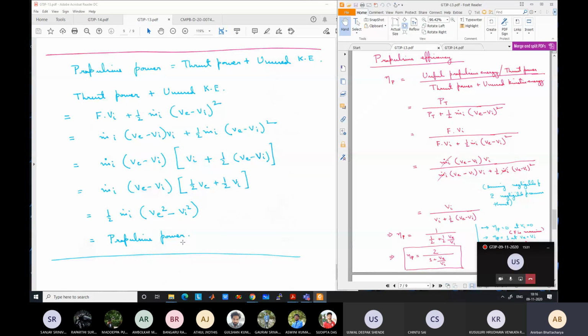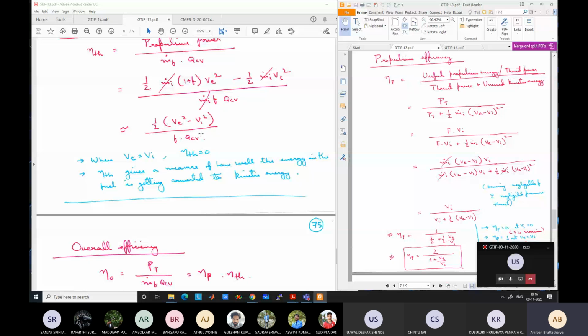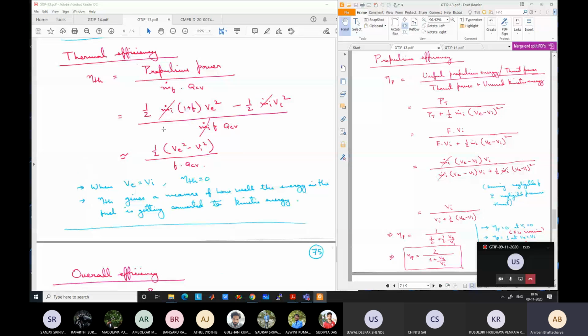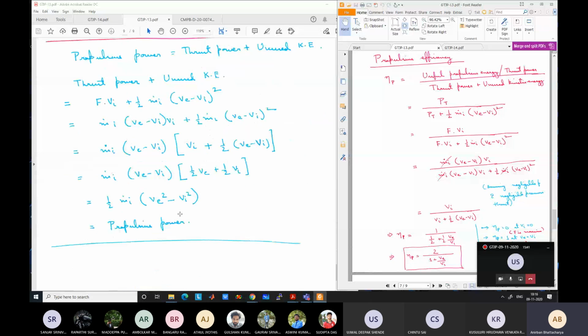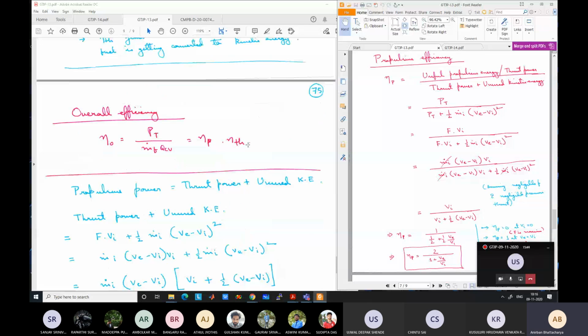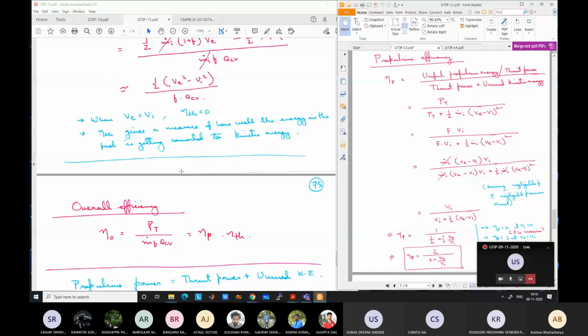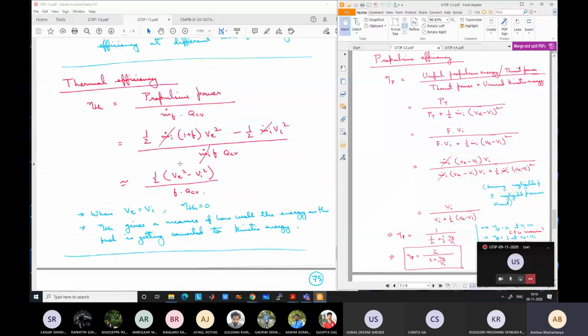So this term is actually nothing but the propulsive power, half m dot I (V squared minus Vi squared). So we can check that the denominator of the propulsive efficiency is equal to the numerator of the thermal efficiency.